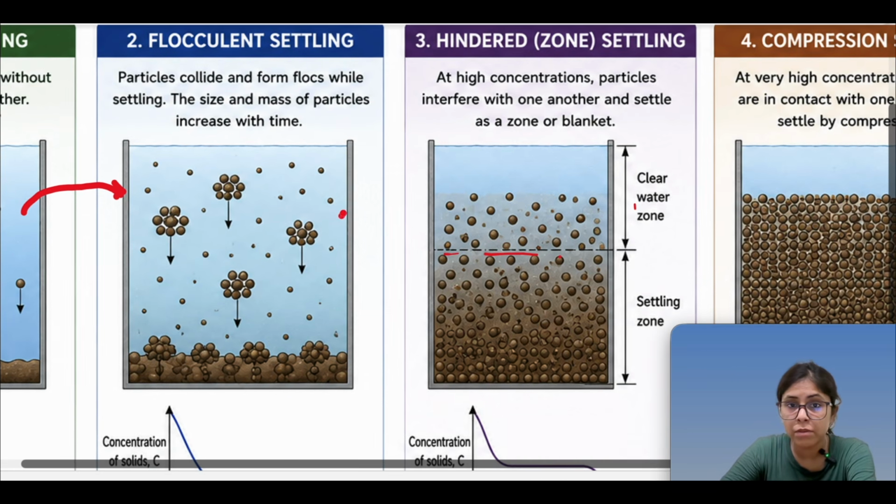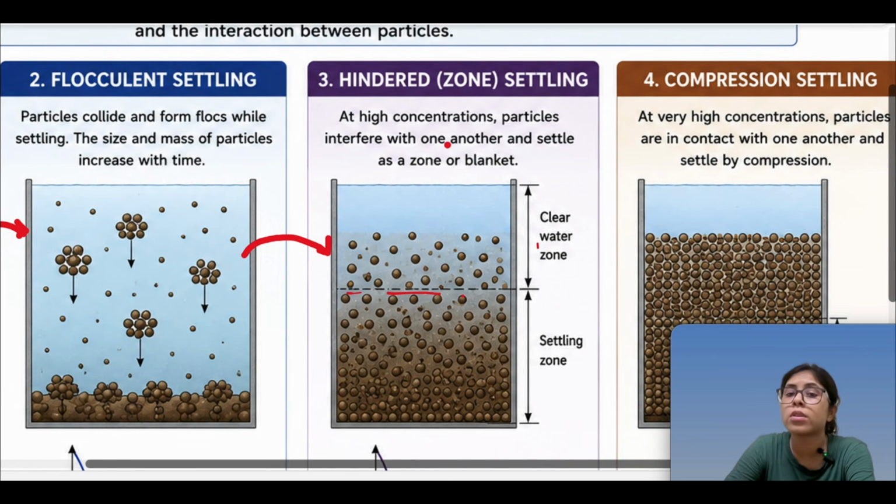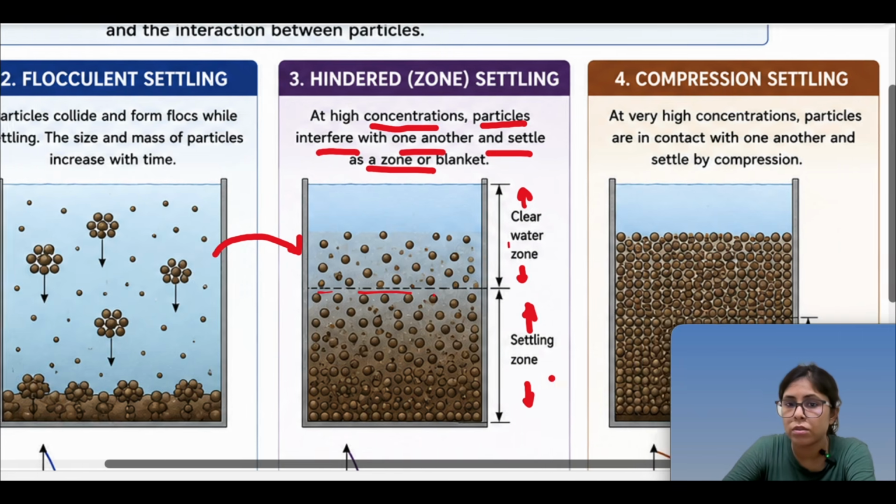When concentration becomes more than this, if water has a higher concentration of suspended particles, the particles interfere with one another and settle as a zone blanket. You will see a zone of clear water, and a zone where settling is happening. So that is hindered or zone settling.